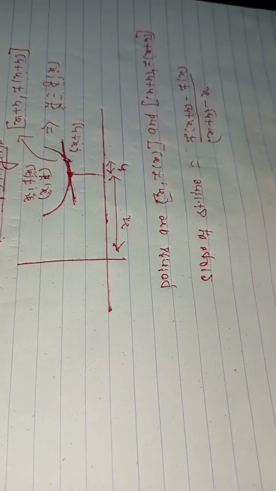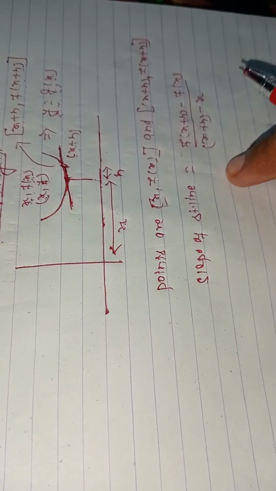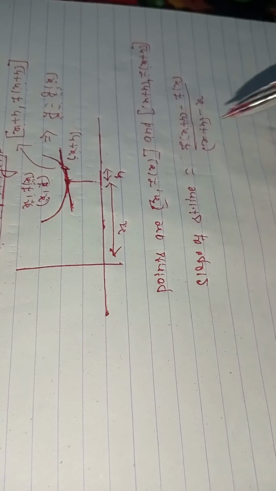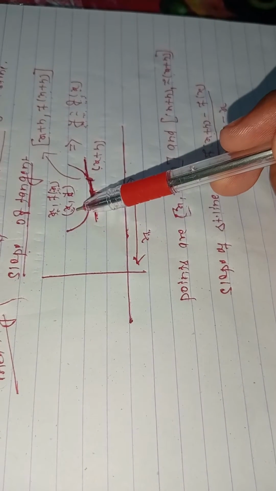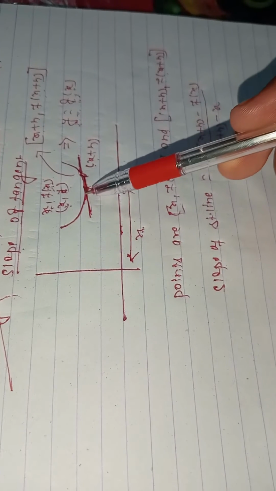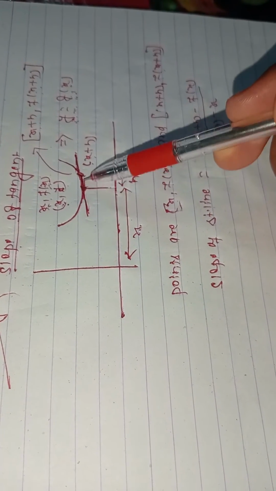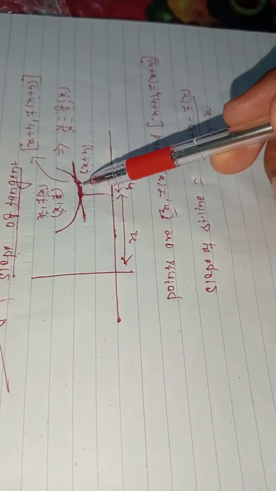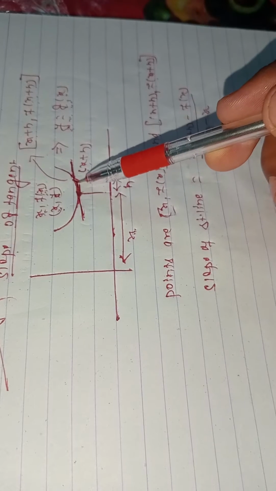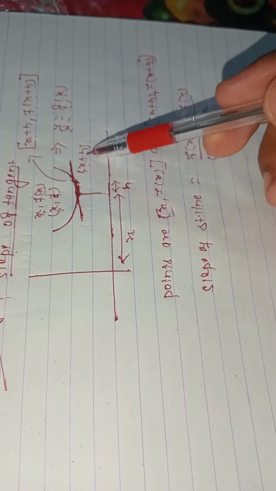But now I am going to deviate this step. Look here, it is x and x plus h. So what is the gap here? The gap is h.